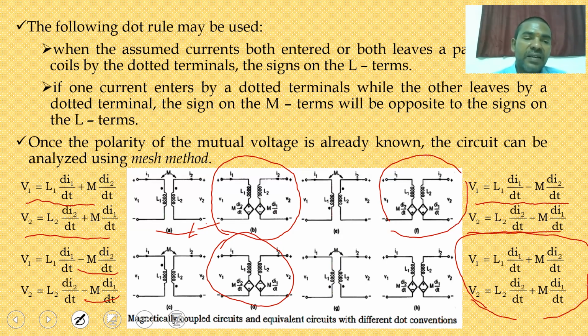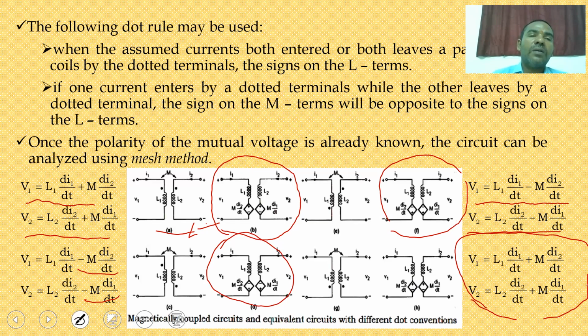Are you understanding this? Whenever the current is flowing, both the dots are at the entering side or at the leaving side, the mutual inductance must be positive. If one dot for one current is entering and the other dot for the other current is leaving, that mutual inductance is negative. Are you understanding?